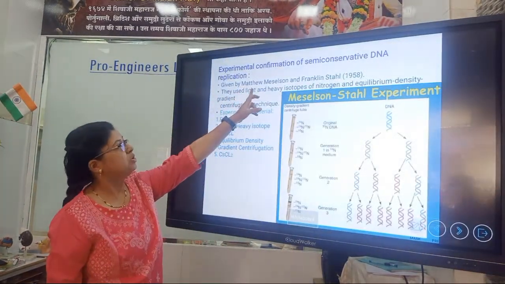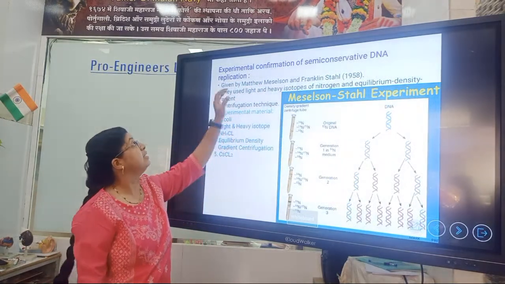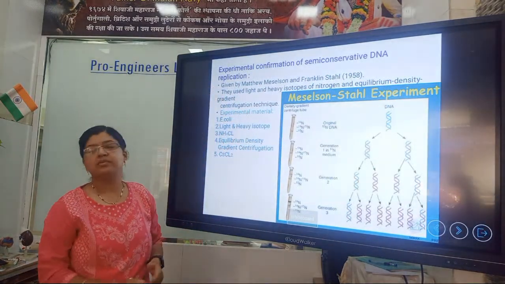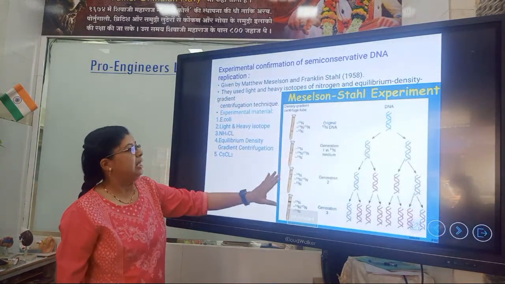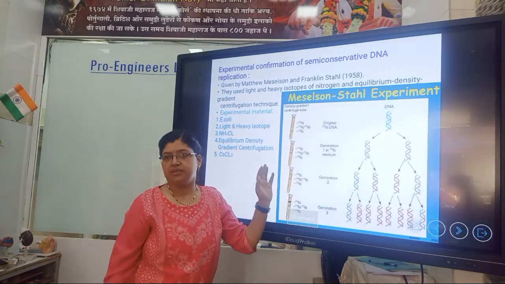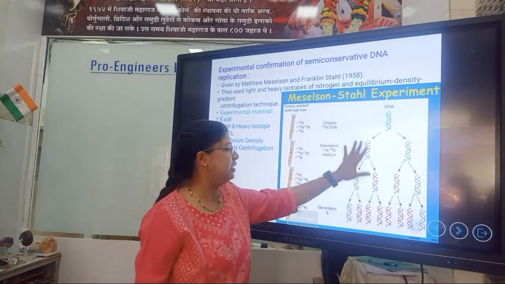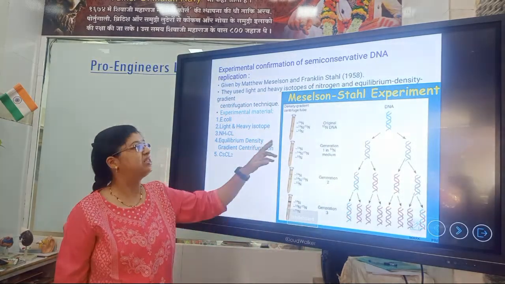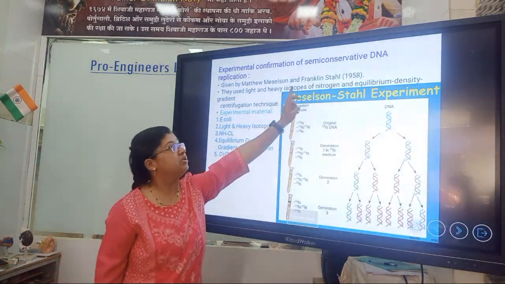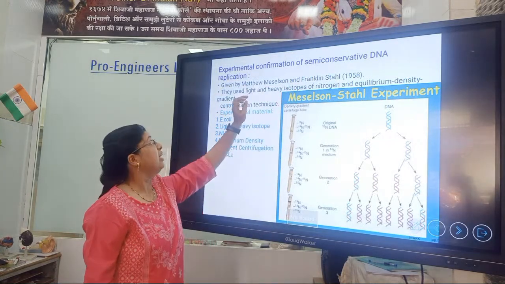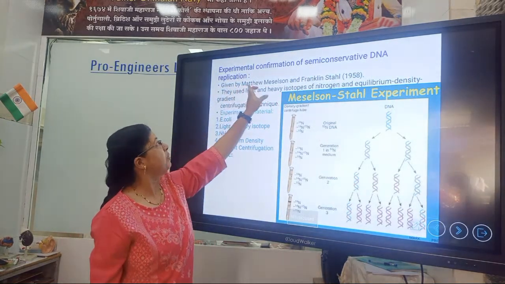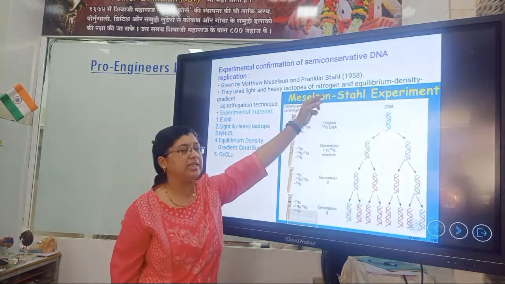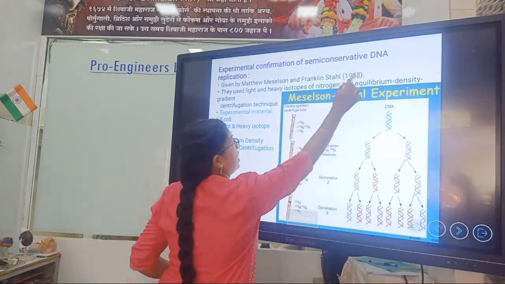Experimental confirmation of semi-conservative DNA replication. This is the method, and because of this they proved that the mode of DNA replication is semi-conservative. It was first given by Meselson and Stahl in 1958.